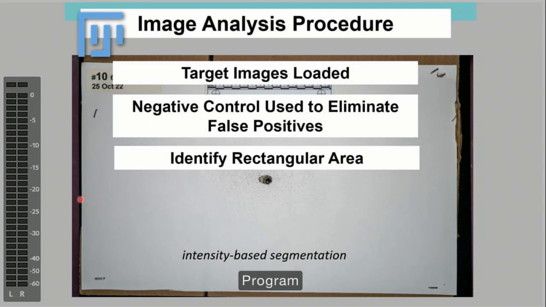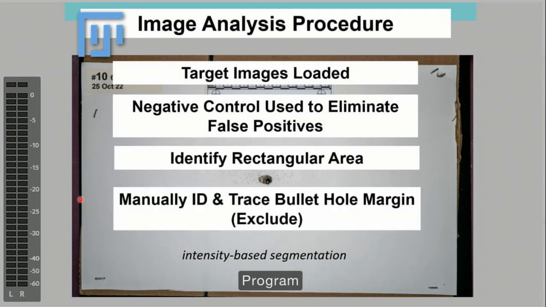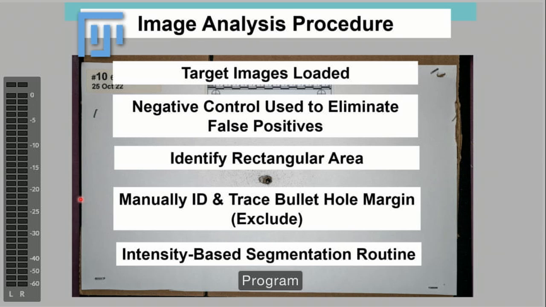Then I identify the rectangular area of interest, and the only manual thing you have to do with this program is identify the bullet hole and outline it, so the software knows that's not a big particle, that is the actual bullet hole. So it excludes that. Then it has an intensity-based segmentation routine.